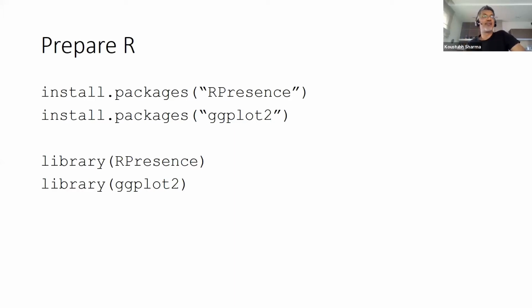Now, this is quite funny, I remember Daryl mentioned the reason RPresence is not on the CRAN repository is because whoever is curating the repository wants it to be small r and then presence, or capital R and then small presence. So there's just a little bit of a hitch there.